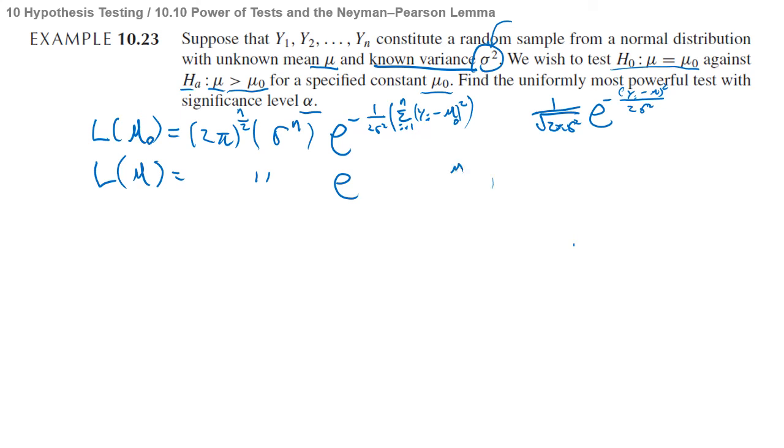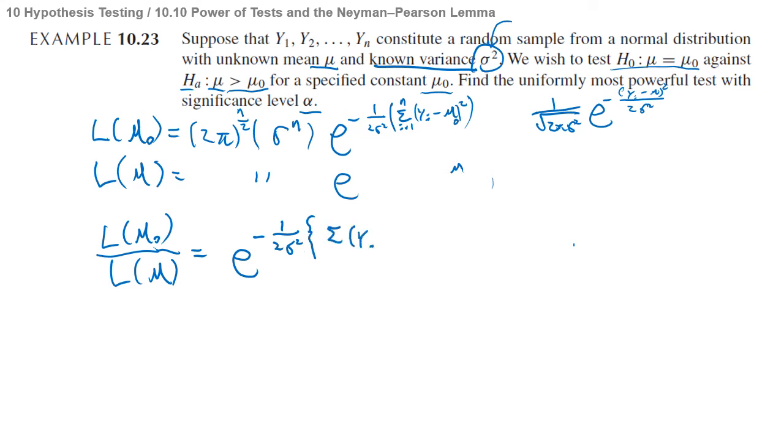Then let's calculate L(mu 0) divided by L(mu), and many parts are cancelled out, leaving e to the minus 1 over 2 sigma squared times the sum of (yi minus mu 0) squared minus the sum of (yi minus mu) squared.